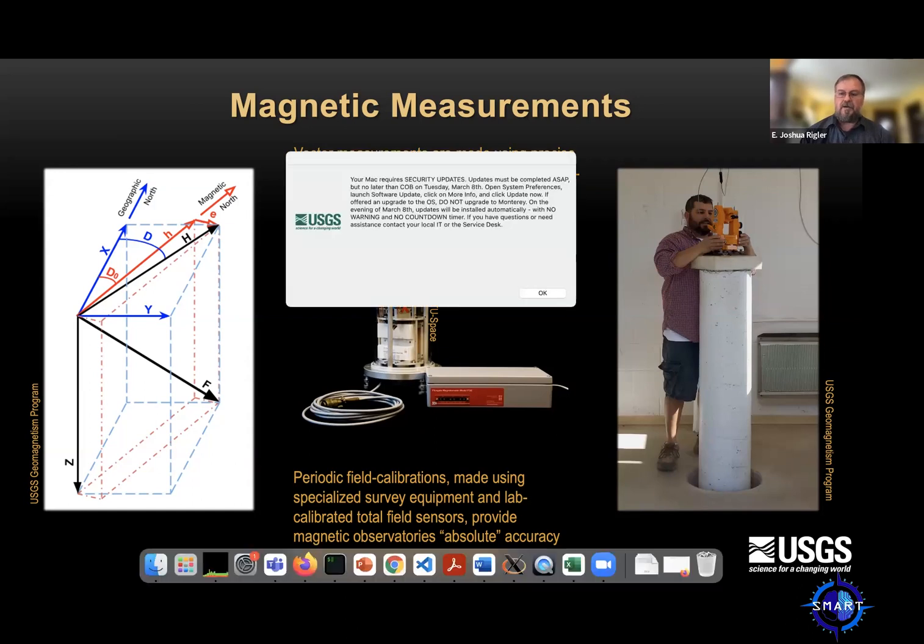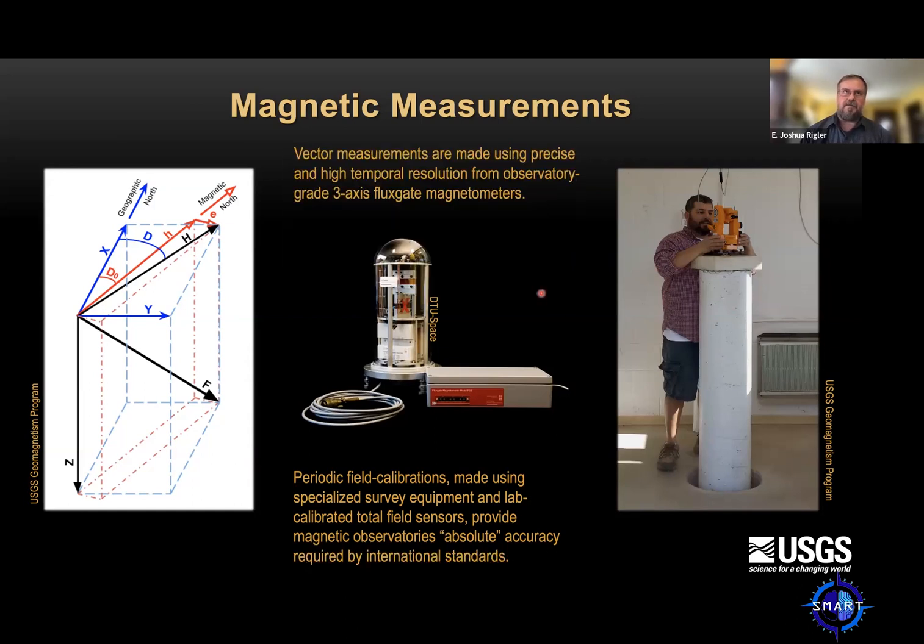We use this to figure out the orientation of the sensor with respect to known markers in the field. We do this because temperature, sometimes humidity, sometimes just the changing magnetic field itself, all require that we recalibrate our sensors fairly regularly.